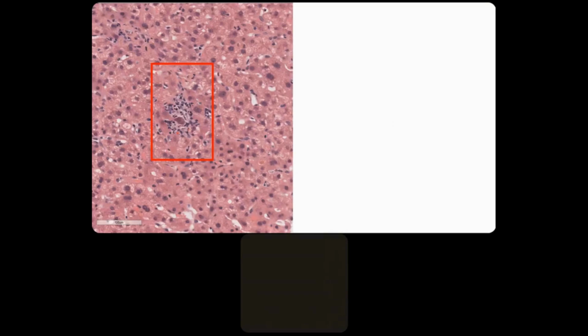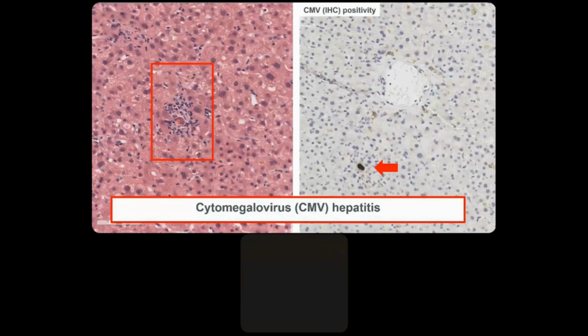And on closer inspection, you can see that there are these occasional microabscesses featuring enlarged hepatocytes with nuclear inclusions surrounded by neutrophils. So as suggested by its name, this histology is classic for cytomegalovirus hepatitis, or CMV, which can also be confirmed by immunohistochemistry as shown here.